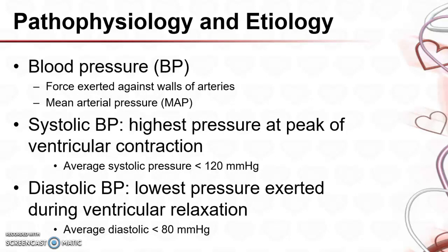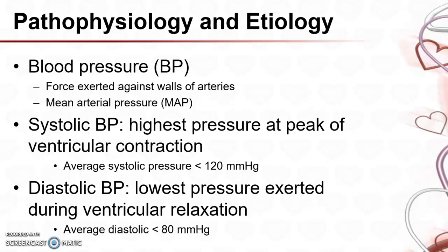So the pathophysiology of blood pressure is essentially that it's a force that is exerted against the walls of the arteries. This is known as your mean arterial pressure. It's important to know what mean arterial pressure is because it gives us an indication of one's ability to perfuse our vital organs, so our brain, our heart, our lungs, and our kidneys.